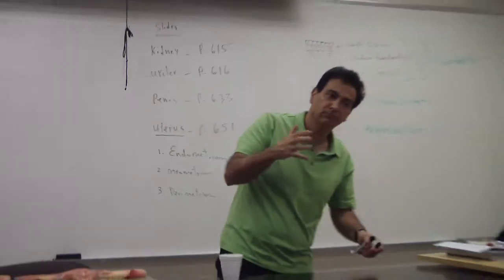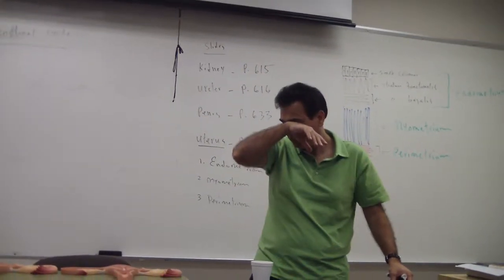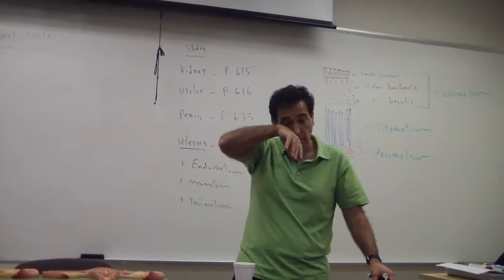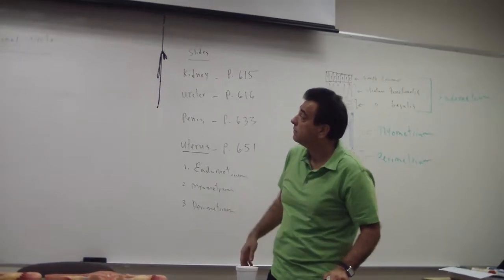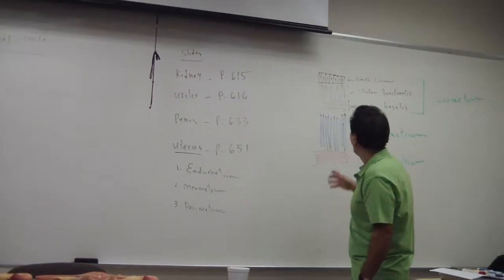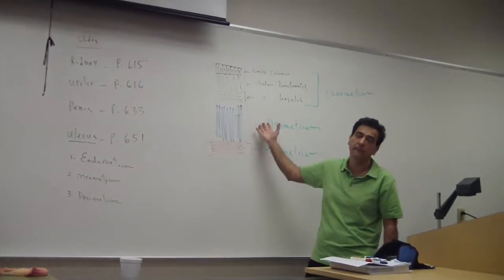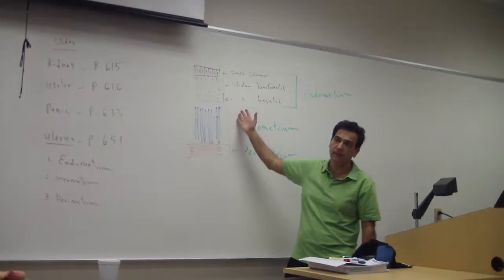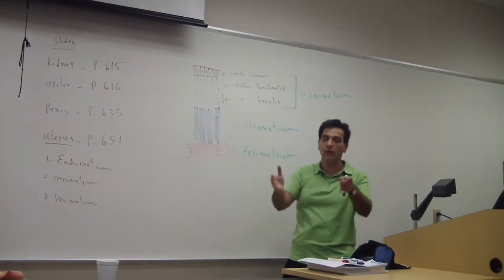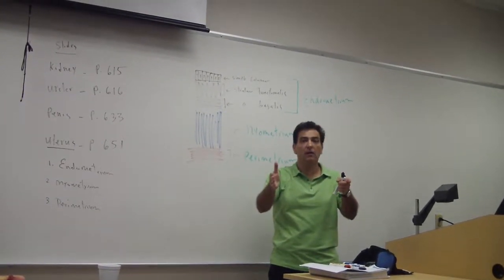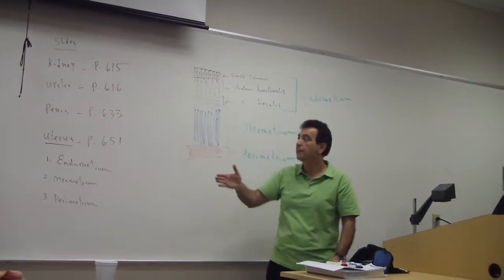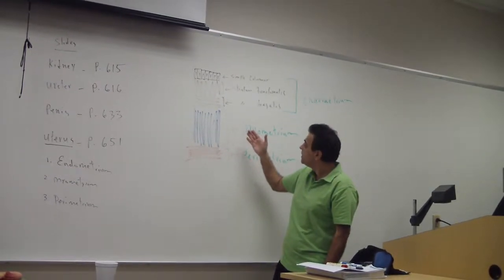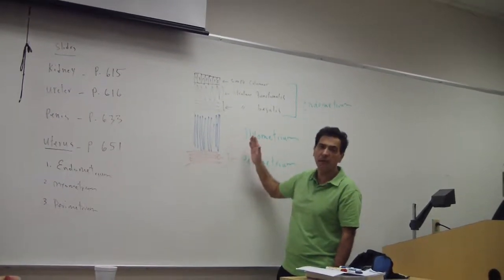The menstrual cycle, which is about 28 days, we want to see what changes happen to the wall of the uterus during those 28 days. Nothing will happen to myometrium. The muscle is still there.